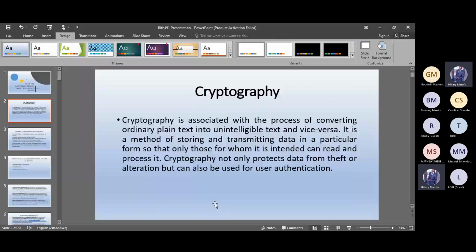Remember when we talked on our first presentation, we talked about CIA, and CIA stands for confidentiality, integrity, and availability, or authentication.